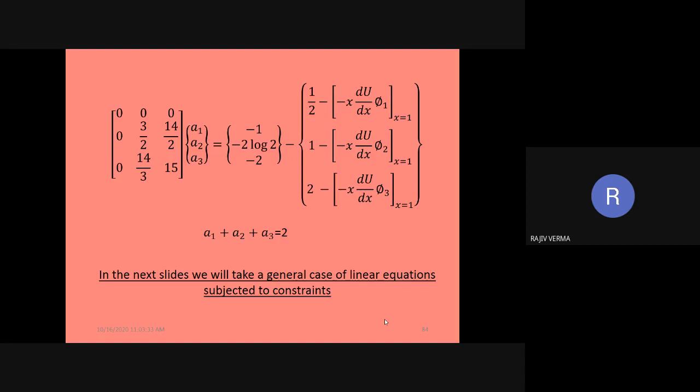But in the following slides, we are going to see that this particular term, which is flux evaluated at x is equal to 1, is simply going to disappear.